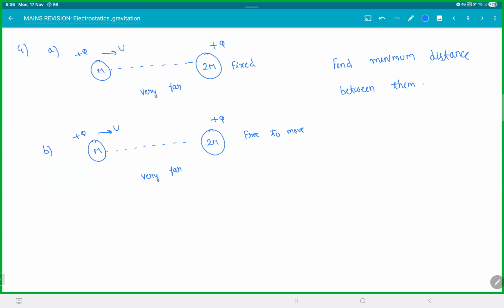Everyone should try. It's fine if you don't get it. That is what you're trying to do. You are learning here. In case you don't get it, that is fine, but try.